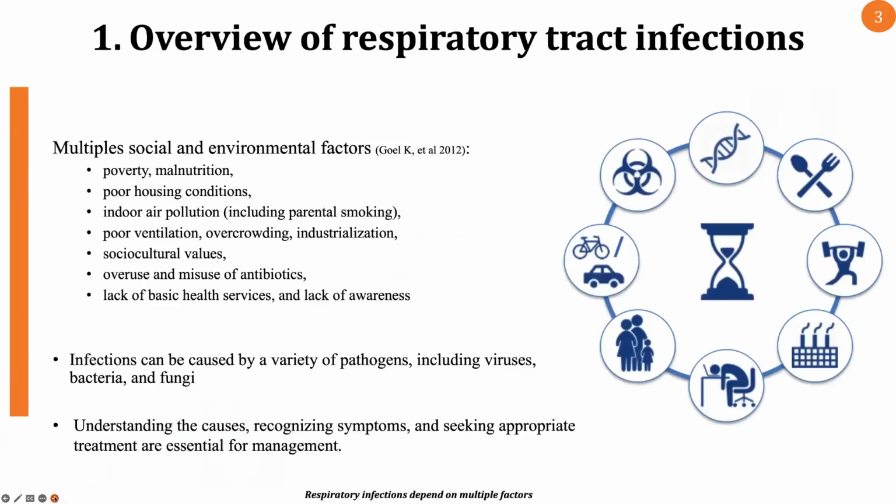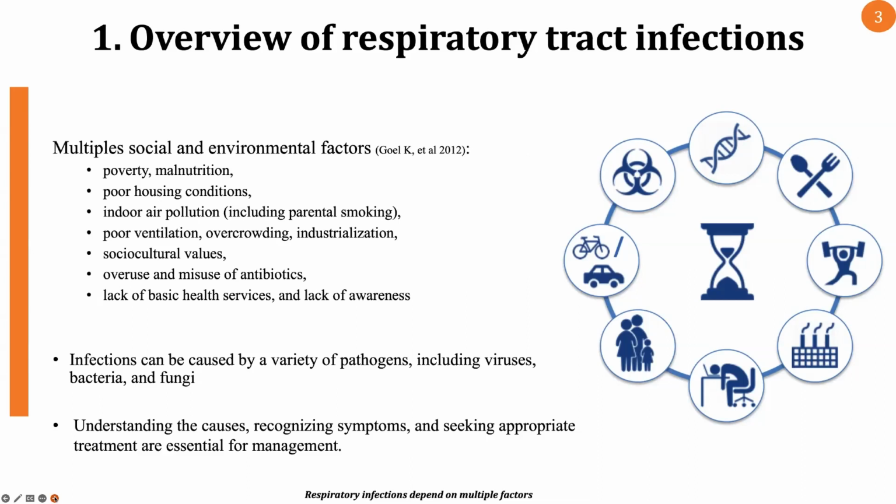Acute respiratory tract infection is associated with multiple social and environmental risk factors. These include poverty, malnutrition, housing conditions, but also indoor air pollution, including parental smoking. Other risk factors identified include poor ventilation, overcrowding, industrialization, some social cultural realities, and the availability of healthcare settings.